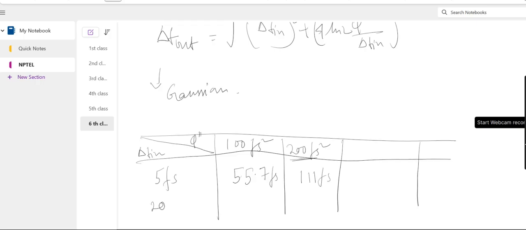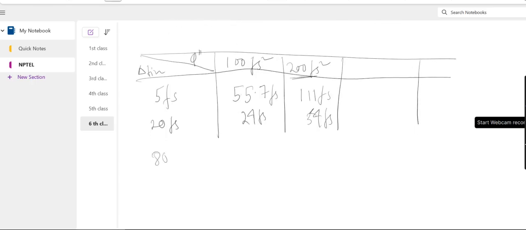And if this is the case for 20 femtosecond, this is 24 femtosecond and 34 femtosecond. The similar case for 80 femtosecond, it is 80.1 and 80.3.